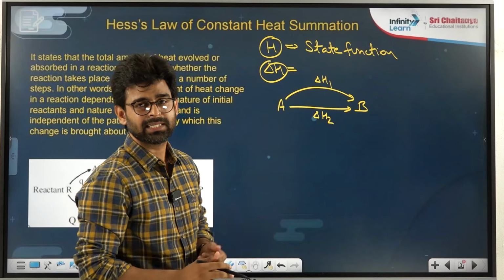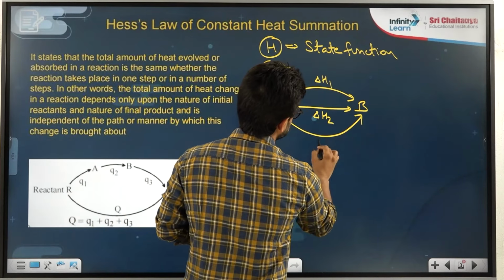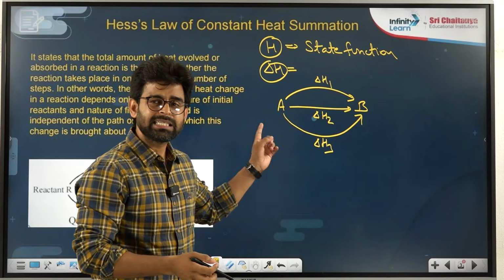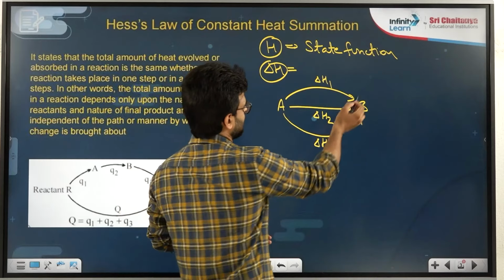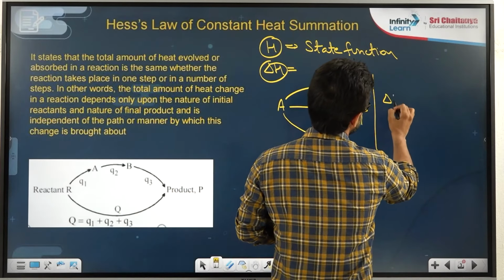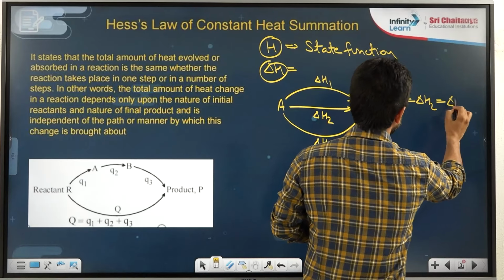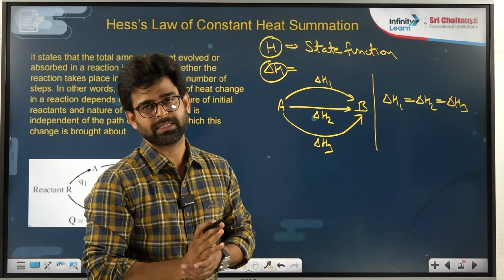Imagine in this case it is delta H2, and in this path imagine the enthalpy change is delta H3. As the initial state and final state are the same, we can say that delta H1 is equal to delta H2 is equal to delta H3, because it is independent of the path.